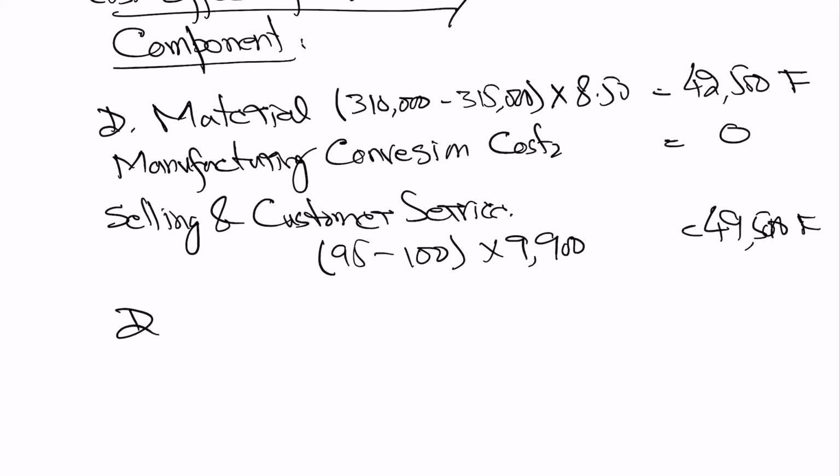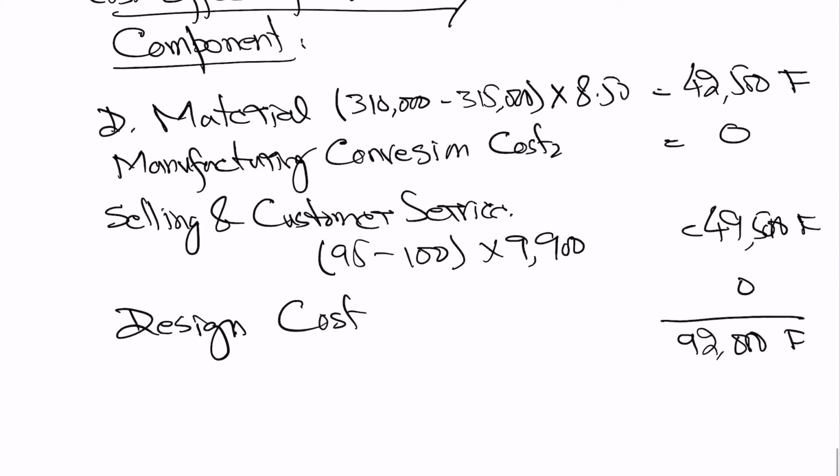Design cost also has no change or no increase in productivity, so we write 0 here. So altogether we see here 92,000 favorable.